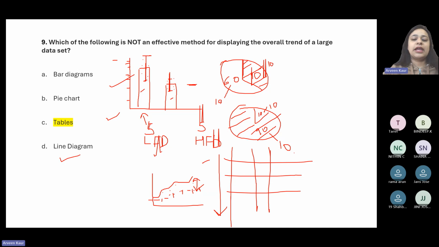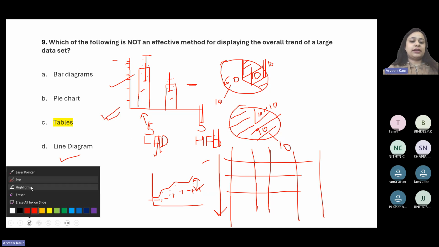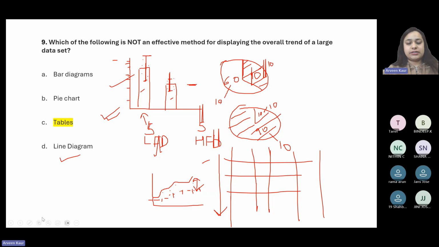So it will take a much larger area, and will the overall trend be that apparent? I don't know, because a visual representation makes it much more apparent, much more simply, right? That might not be the case with the table. So that is the correct answer over here. I hope that you have understood this part.